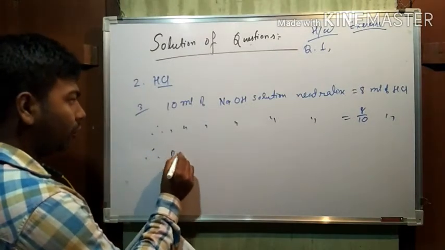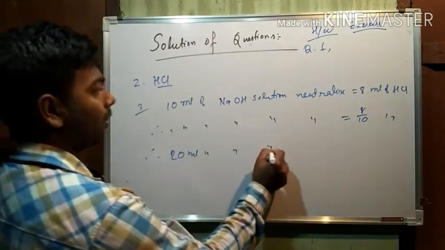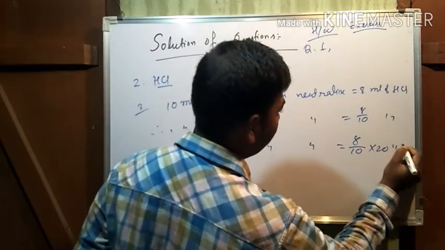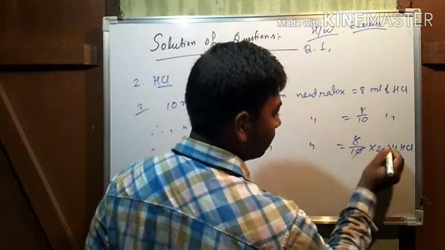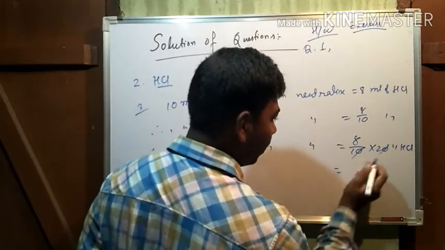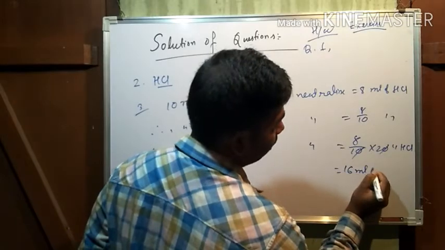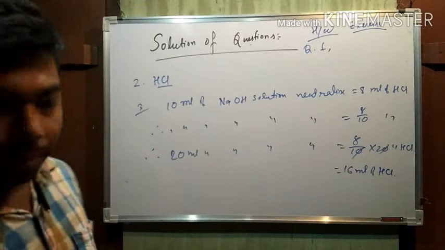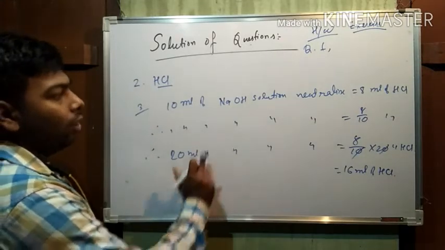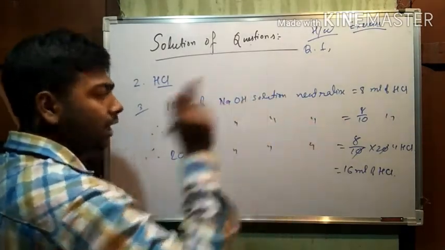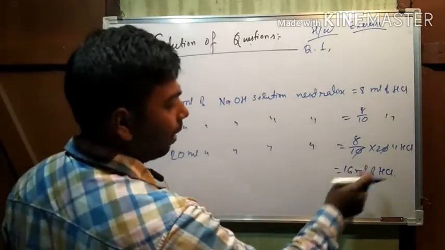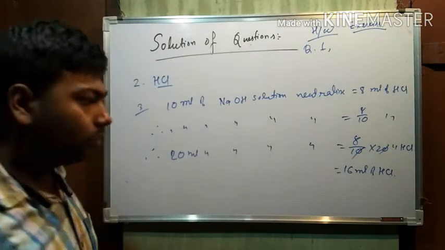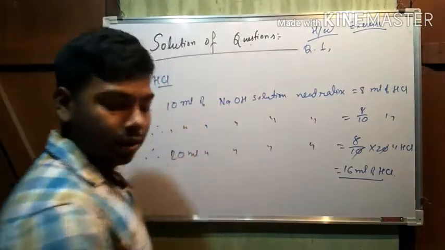Simply, 20 ml of sodium hydroxide solution neutralizes 8 by 10 into 20 ml of HCl. Just cancel here and you will get 16 ml. The answer is 16 ml. The meaning is that 20 ml of sodium hydroxide solution can neutralize 16 ml of HCl solution. The option should be 16 ml.